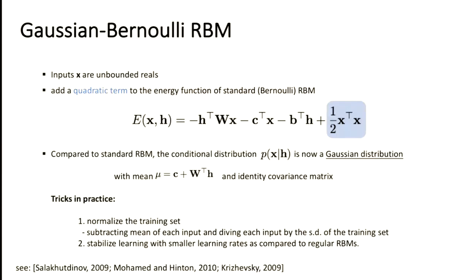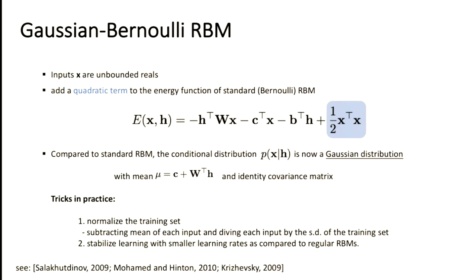Okay, so pretty simple. Of course the original RBM, as I said, was similar to the Boltzmann machine, defined for binary or Bernoulli variables, which take values zero and one. But most of the data that we are interested in the real world, for example images or text data, are not binary, so they are real valued data.